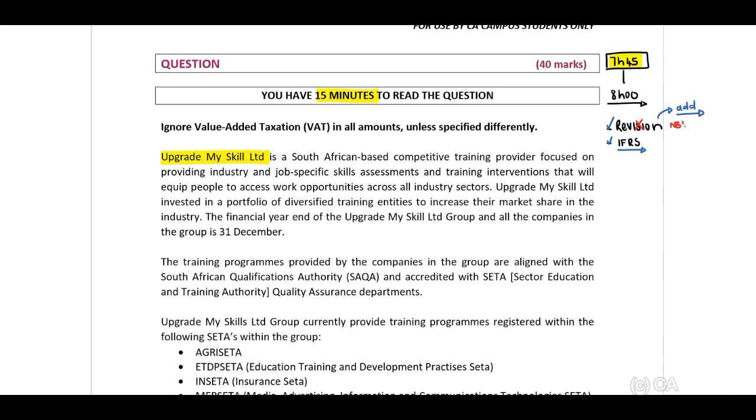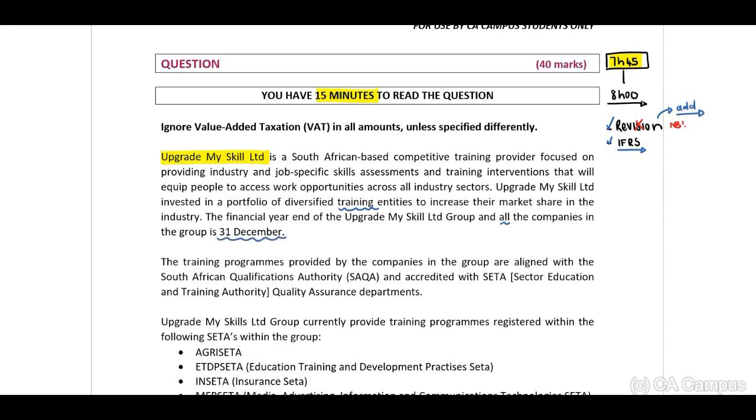Upgrade My Skill Limited is a South African-based competitive training provider focused on providing industry and job-specific skills, assessments, and training interventions that will equip people to access work opportunities across all industry sectors. Upgrade My Skill Limited invested in a portfolio of diversified training entities to increase their market share in the industry. The financial year end of Upgrade My Skill Limited and all the companies in the group is 31 December.